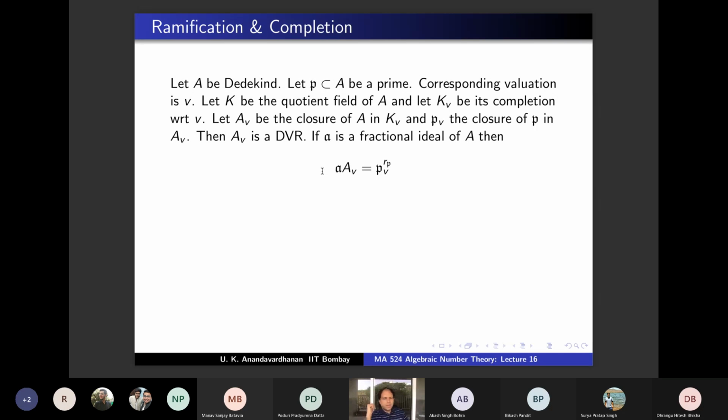So positive or negative, finitely many primes. Okay, so do you want to take a guess what this r_P is? It's obvious. Your obvious answer is correct. Why don't you tell me?